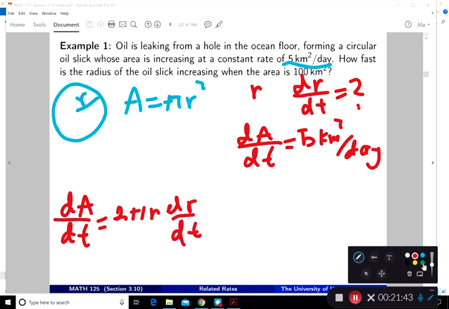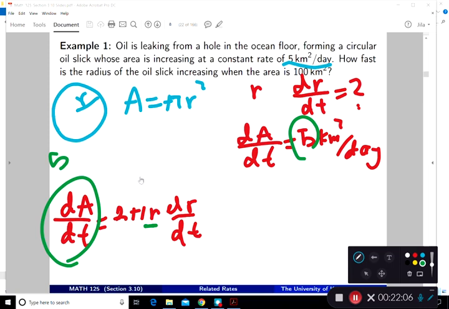So let's see what I need. To be able to connect dr/dt to dA/dt, I still need to have an r in here. I do know this amount, which is 5. I just need to figure this one out.